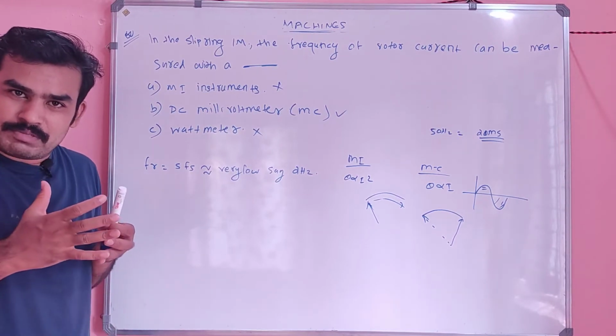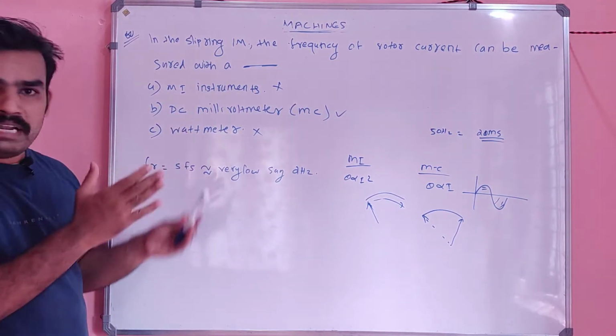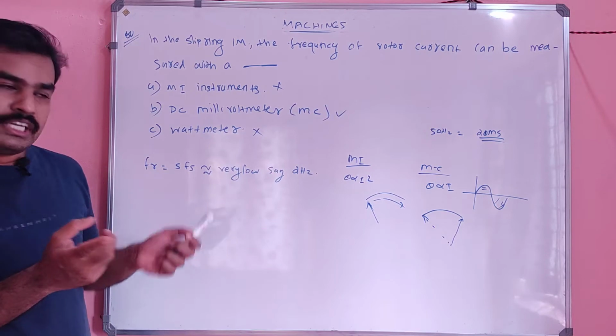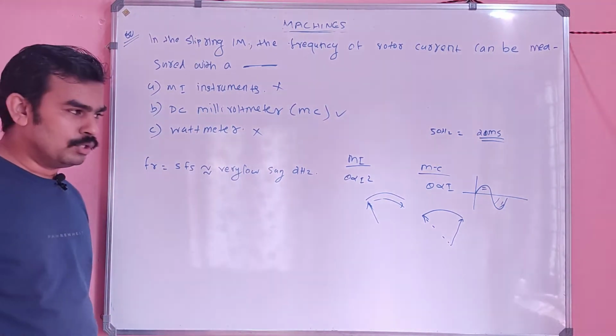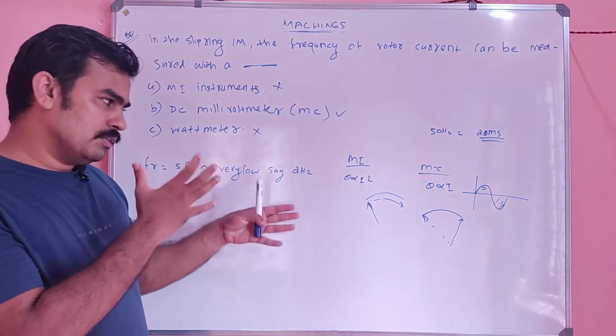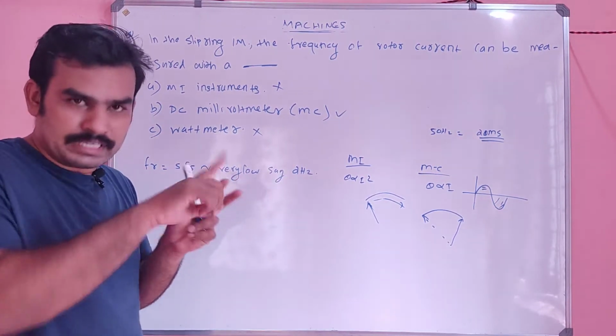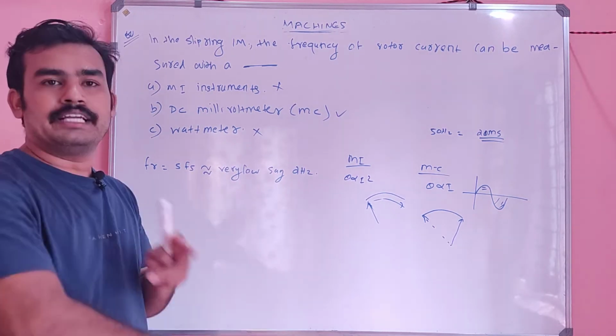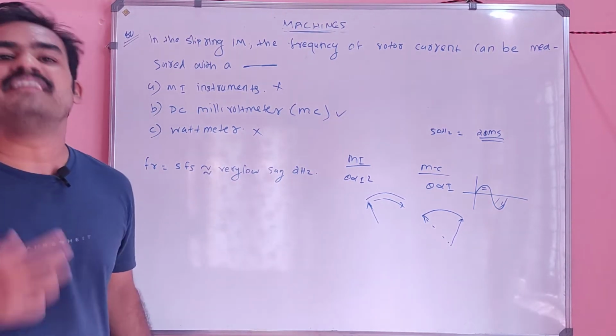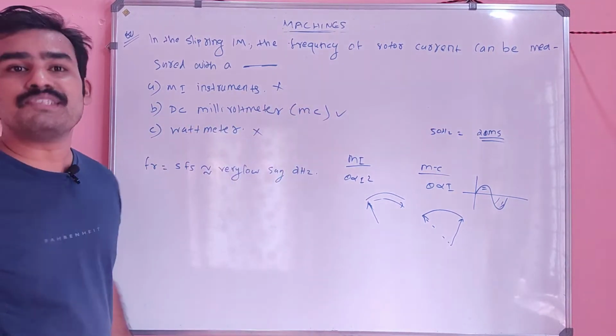It's very small, right? In 10 milliseconds it will be in the positive direction, in another 10 milliseconds in the negative direction. Due to the damping and inertia of the deflection system, we can't see the positive and negative movement of the needle because of the high frequency.